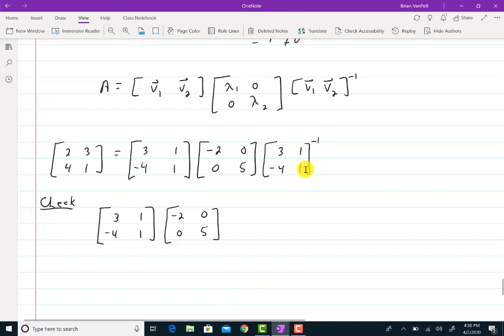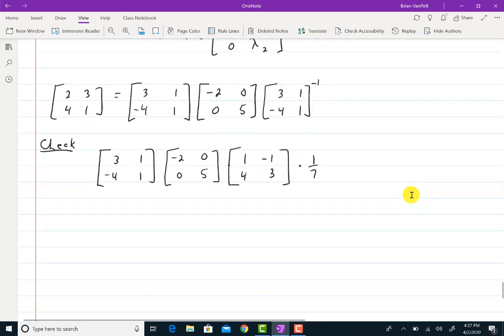We already know the determinant was equal to 7. So I'll put the matrix first, and then I'll multiply by 1/7 after the fact. Remember, the way this works for a 2 by 2 is we swap the diagonal terms, and then we negate the off-diagonal terms.